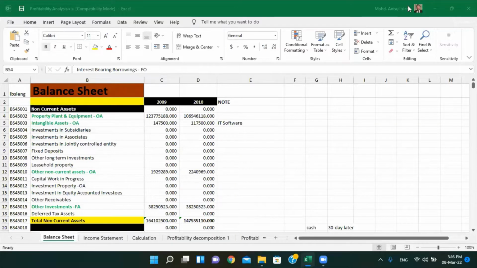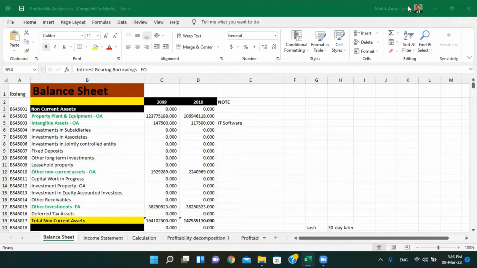In profitability analysis, we want to explore the sources of profitability. We are already familiar with the profitability decomposition because we made the DuPont analysis in previous classes. You can recall that there were DuPont 3-factor and DuPont 5-factor analysis.